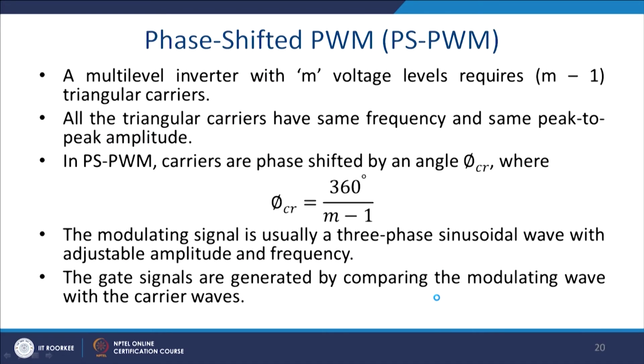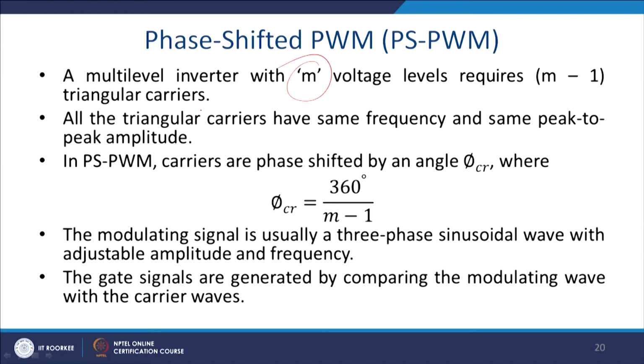Now, first let us take the phase shifted PWM carrier. If you have a multi-level inverter with m voltage levels, it requires m minus 1 carriers. For 3 level you require 2 carriers, for 5 level you have to have 4 carriers. All the triangle carriers have the same frequency and same peak amplitude, and generally they are phase shifted.